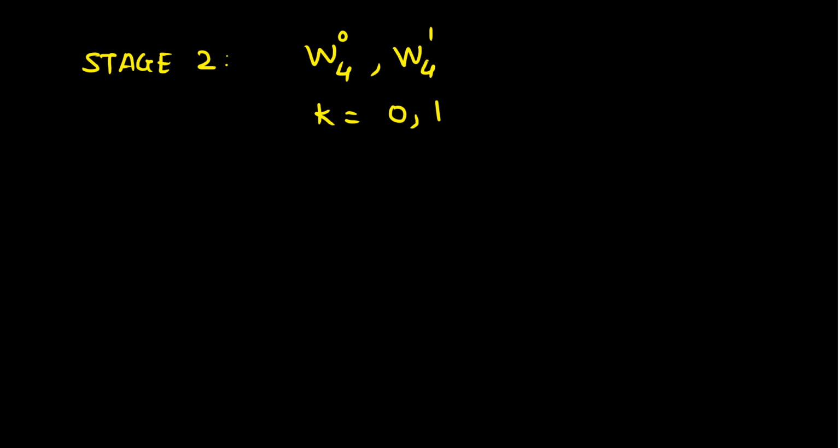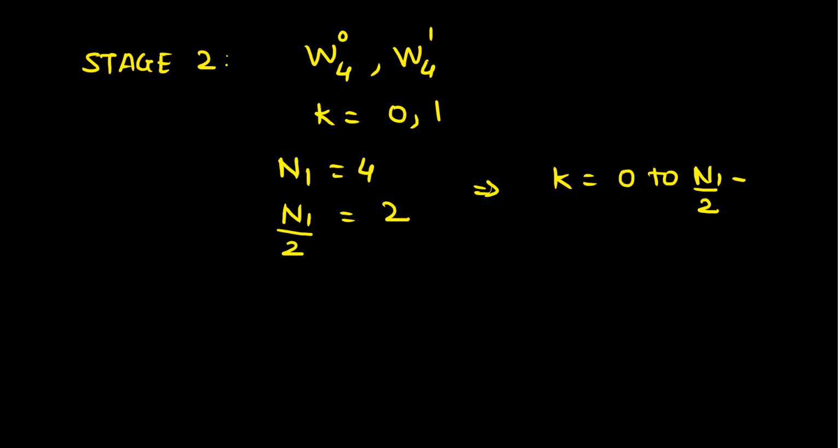So the value of this k is from 0 to 1, that is we are having two values, 0 and 1, and we have this n1 as 4, and if we consider this n1 by 2, it would be equal to 2, which means that the value of this k would be ranging from 0 to n1 by 2 minus 1.